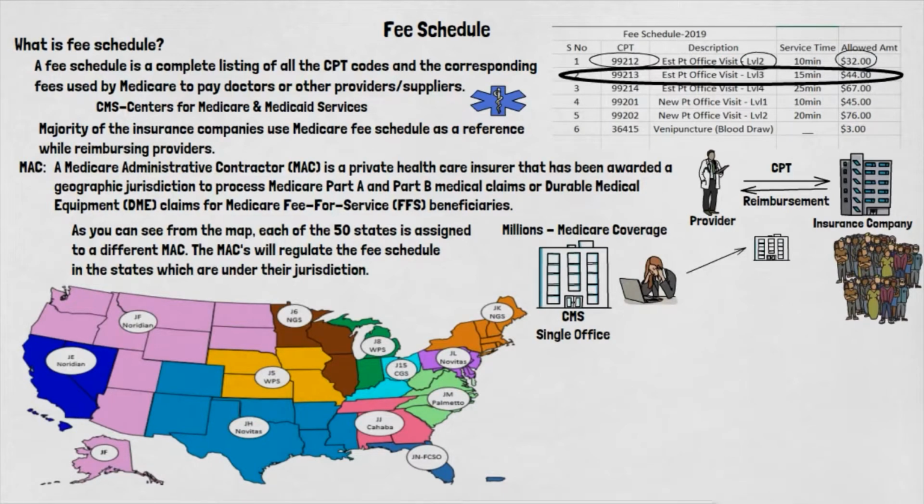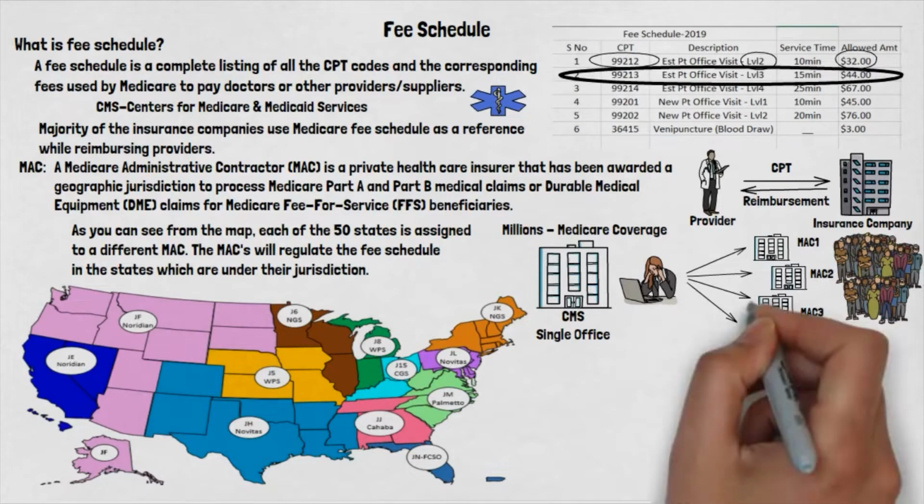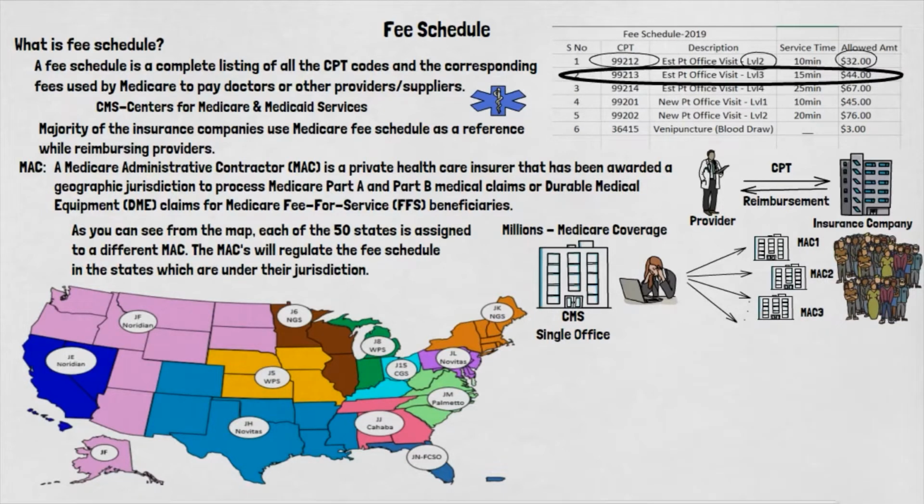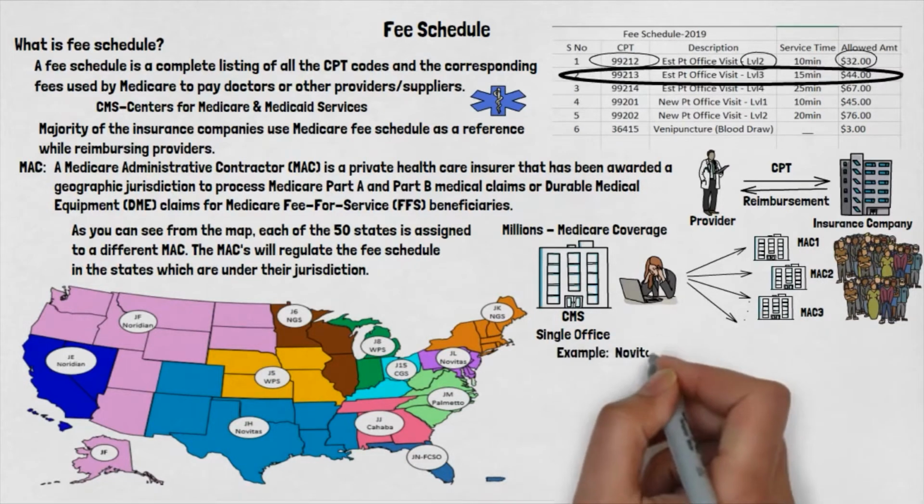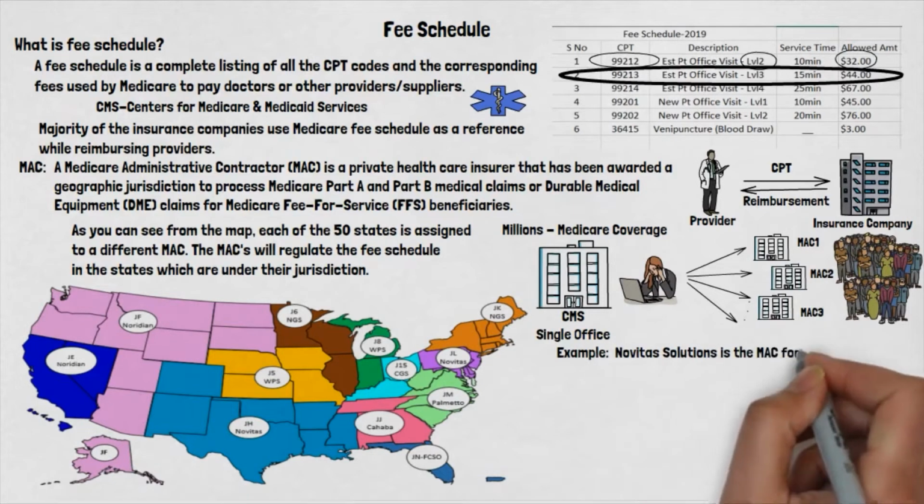So CMS outsources the processing of Medicare claims to private insurance companies known as MACs. Since these MACs are already established insurance companies, they will have the necessary infrastructure and resources to handle a large volume of claims.